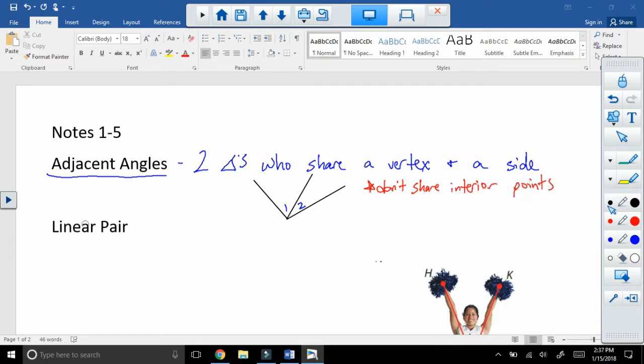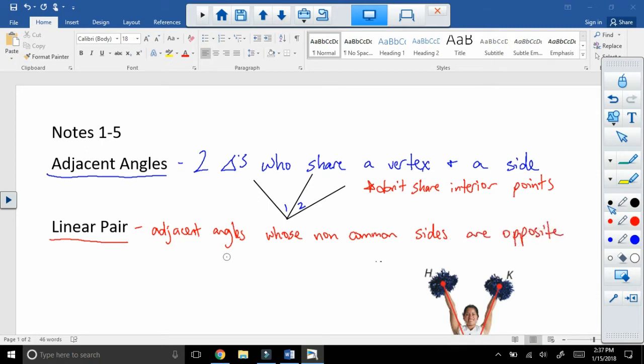And then a linear pair. A linear pair is a type of adjacent angle. A linear pair is, they are adjacent angles who also form a straight line. So the way the book words this definition is it says whose non-common sides are opposite rays.